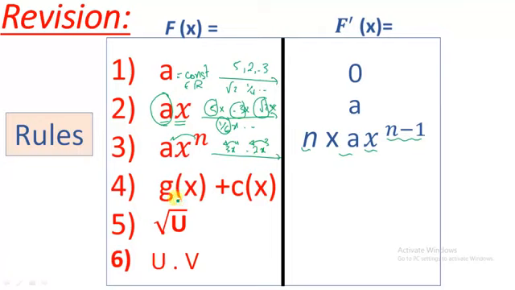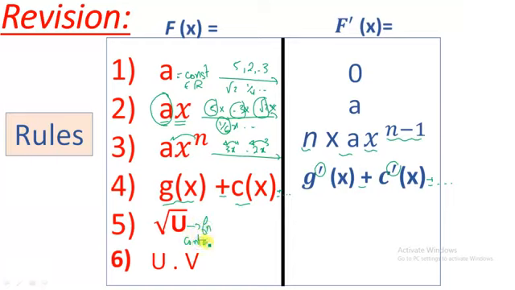Now, rule 4. If f of x is equal to g of x plus or minus c of x plus or minus, etc. What is the derivative in this case? It is the derivative of the first term plus or minus the derivative of the second term, and so on. So f prime of x will be equal to g prime of x plus or minus c prime of x plus or minus, etc. Now, number 5: if f of x equals radical u, where u is a function, that means it contains x.